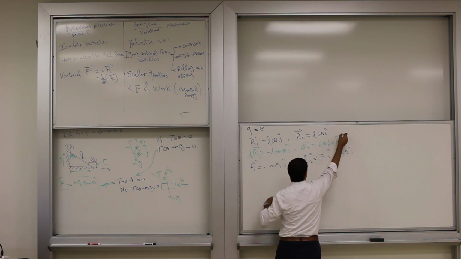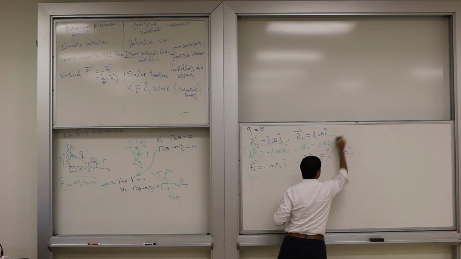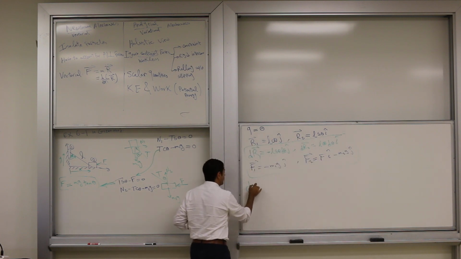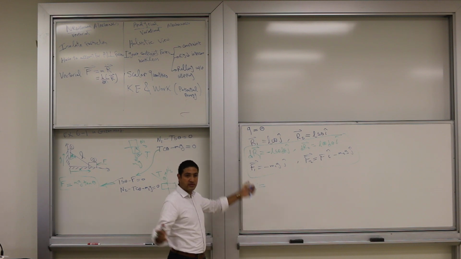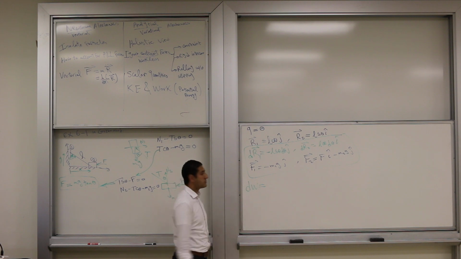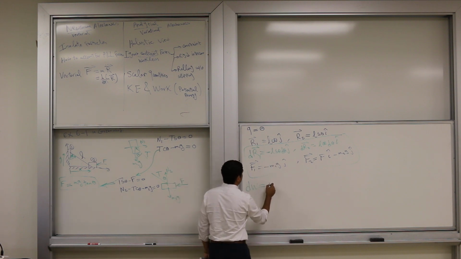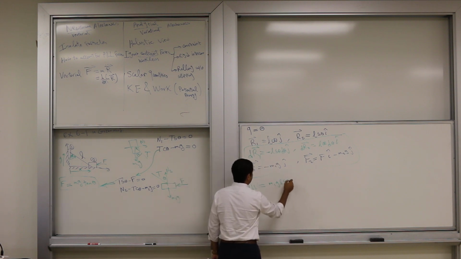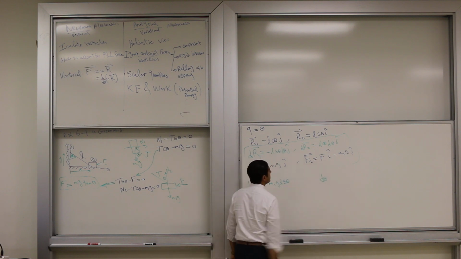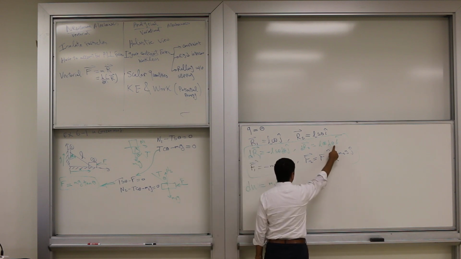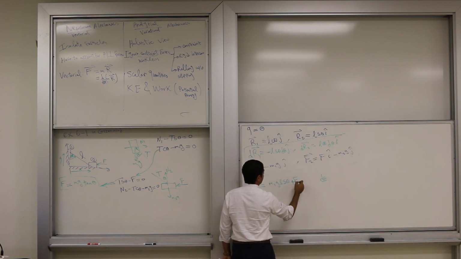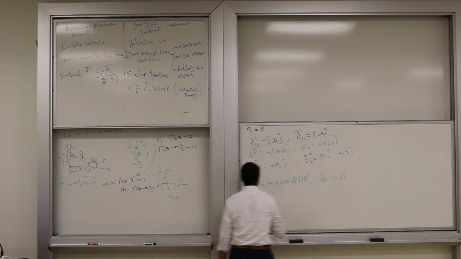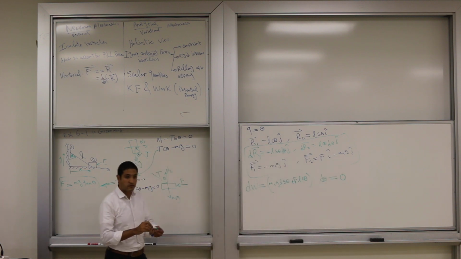Simply do dot product for these two guys. So this is actually the work. It's as simple as this. Dot product, so the similar components multiplied each other. So j with j here, so this is m1g L sine theta d theta. And from here, i with i and j with 0, so it goes away. This is F L cosine theta d theta, and this is 0 because of the principle of virtual work.